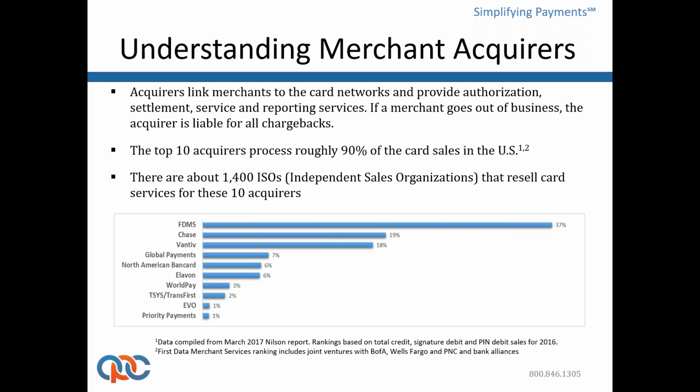And just note, First Data includes all the First Data joint ventures like Wells Fargo, B of A, PNC, and all their bank alliances like Citibank and SunTrust. And then you have all the other providers. And for these top 10, you have over 1,000 resellers or ISOs.